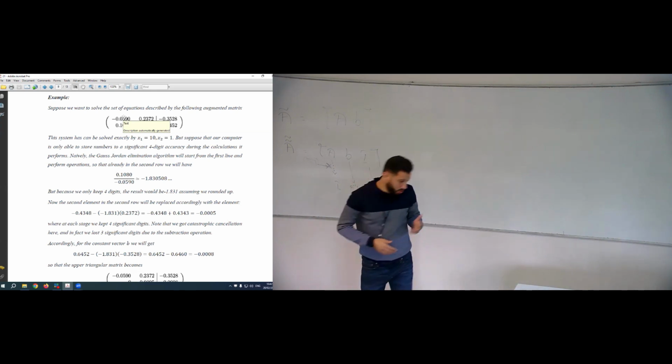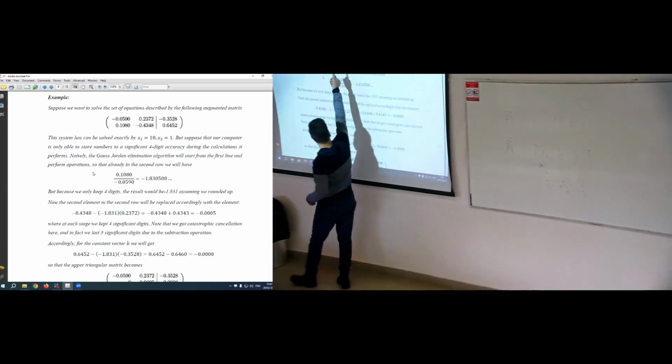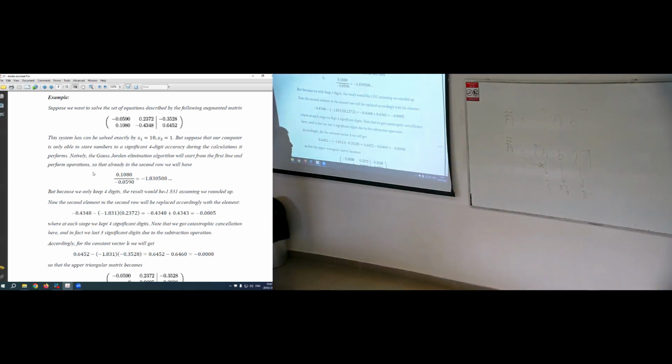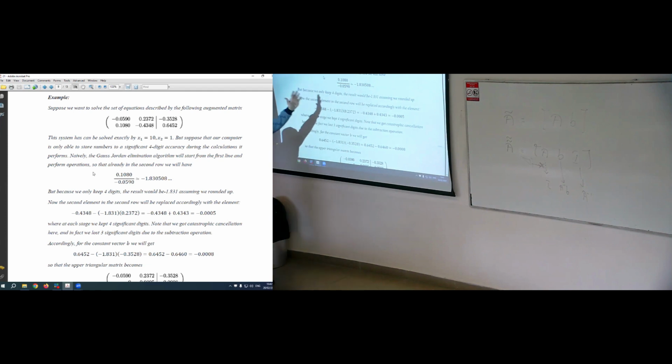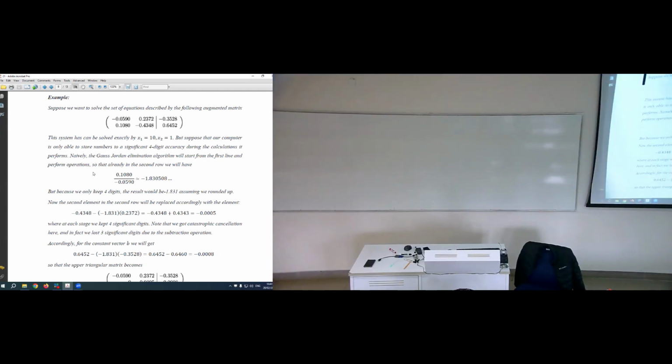So what will it do? It will divide the second number by the first. That's the answer, but it will not have that number. It will have only 4 digits. So it will take this 0 to be 1 because of this 5. I use rounding here. You can also think about cutting. It doesn't matter. So this will be 1 or 0 in our computer.